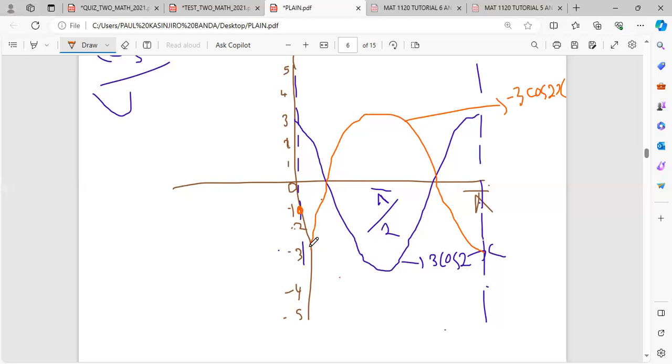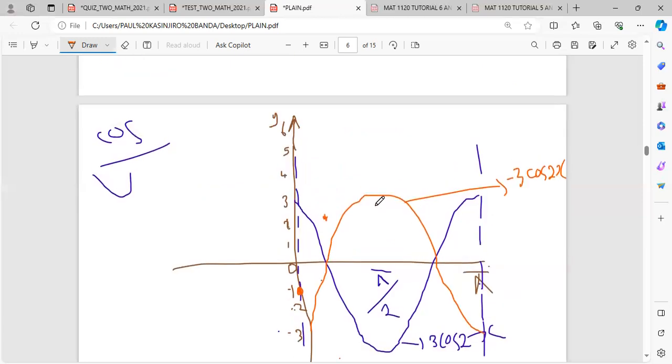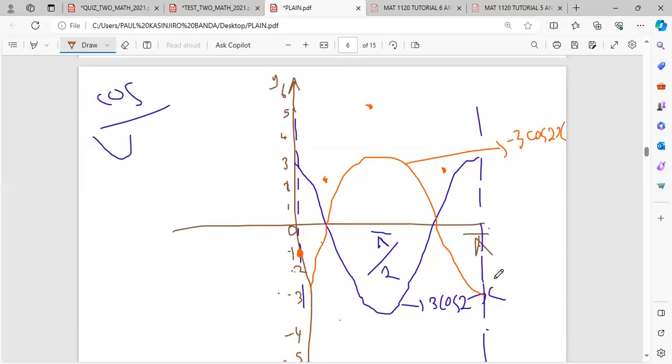So this is the point that was here, it has moved there. Then this point that was at 0, we add 2, it's going to come at 2. Then this point that was at 3, we add 2, it's going to come at 5. Then this 0, it's going to come at 2 again. Then this was at -3, it's going to come at -1, like that.